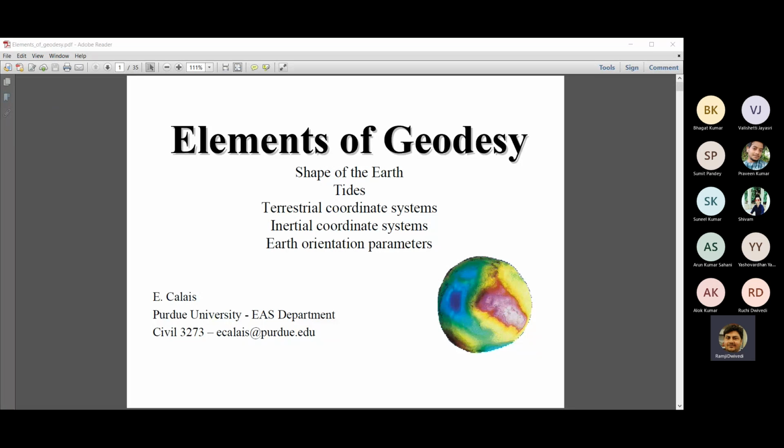I'm very proud to announce that MNIT has been selected for establishing a regional center of geodesy at our institute, and we have got certain funding from the Department of Science and Technology. They will help us establish a laboratory and provide certain sophisticated instruments that will be used by you for various types of work related to geodesy.